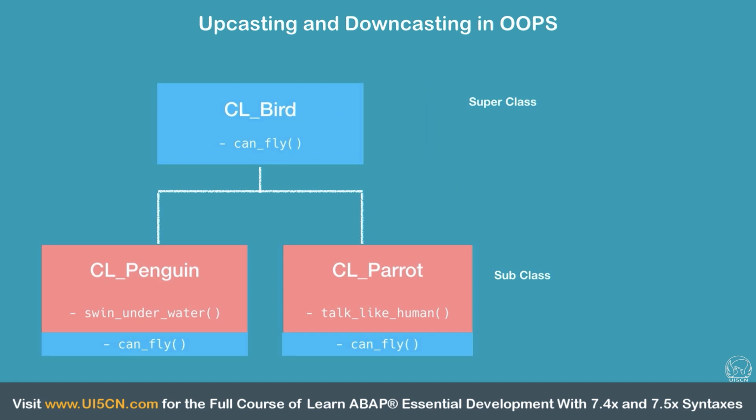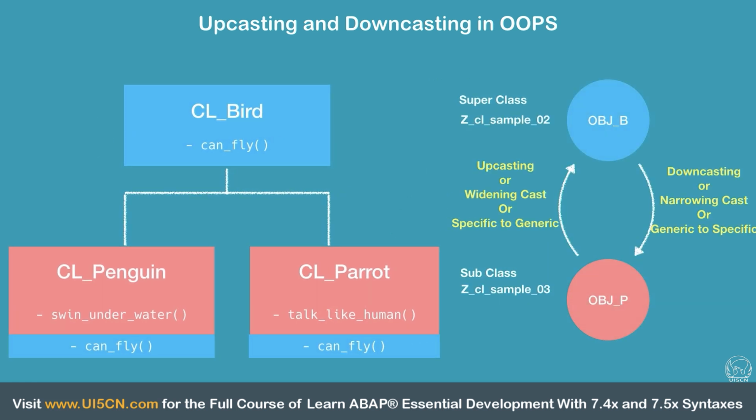Okay, now using this information, I want to talk about casting. For example, we have an object of class B, where B refers to the class bird, so this is a bird class object, and this is an object of P, which can be an object of penguin or an object of parrot.